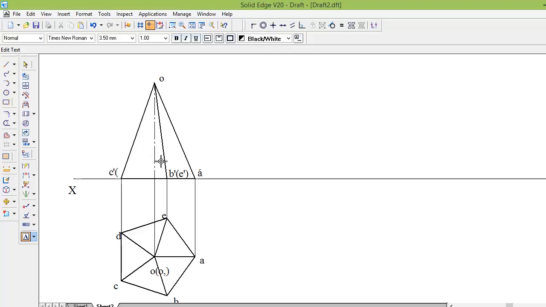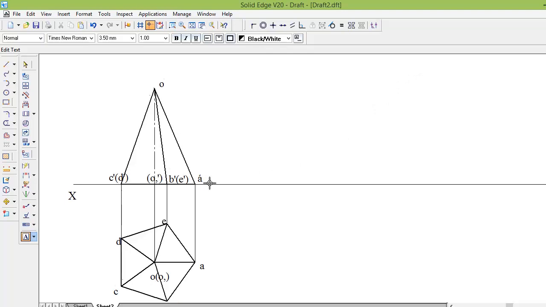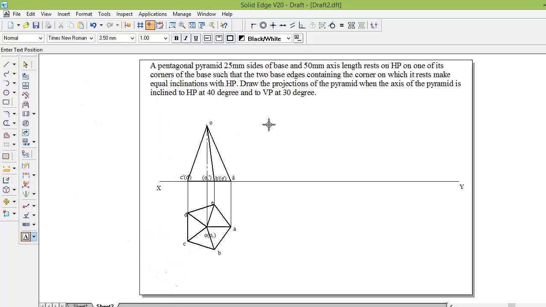C dash, D dash. Now it is in the bracket, O dash. Okay. So next step is, it is inclined to, you can see the problem definition now.